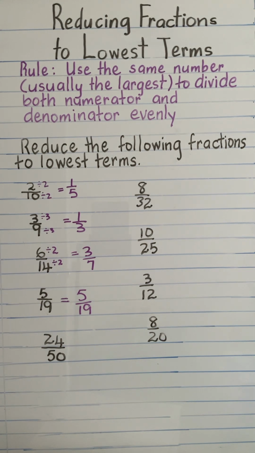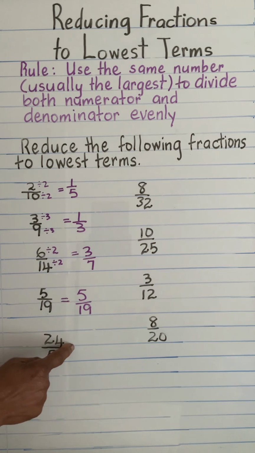Next, 24 over 50. And as we said, we use the largest number, but sometimes we do not readily spot the largest number. So let's try a small number like 2. We know that 2 can divide 24, and we know that 2 can divide 50.